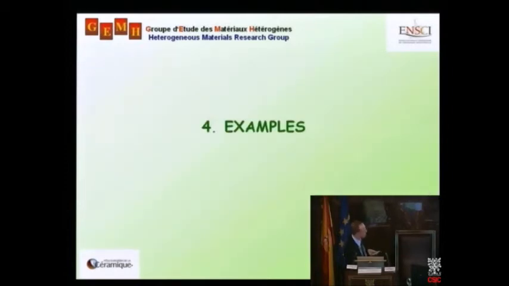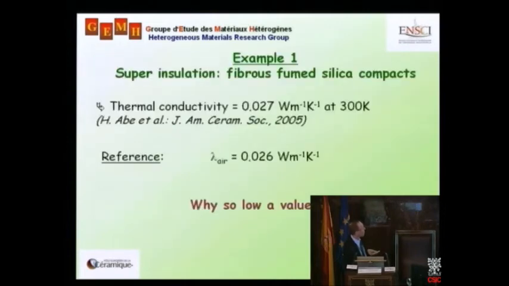So now I'm just going to take a rather interesting case where this idea is somewhat defeated. So I'm going to finish with 3 examples. And the first one is fibrous fumed silica compacts. So this has been made by Hiwaya Abe's group in Japan.